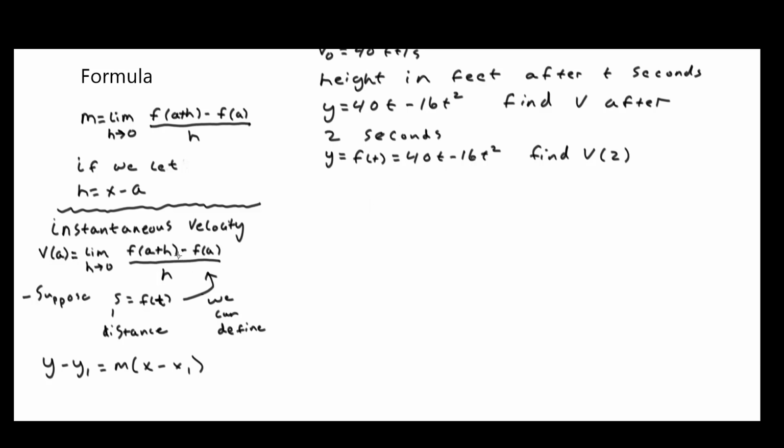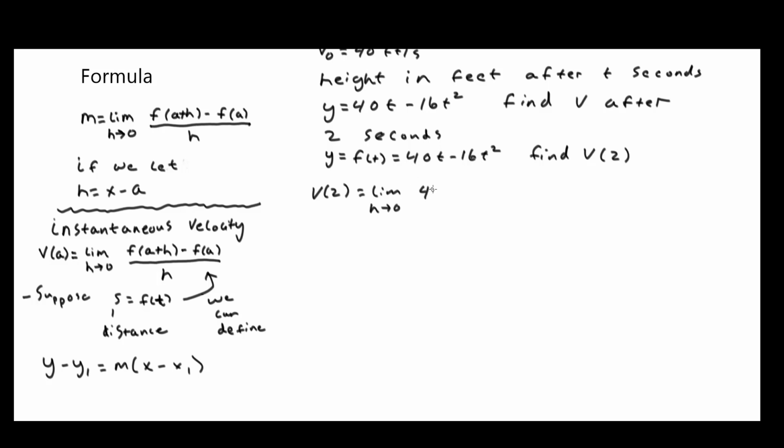We'll just use this formula, and so we get v of 2 is equal to the limit as h goes to 0. And then since our a value is 2, we'll use 2 plus h, and plug it into our original function here.